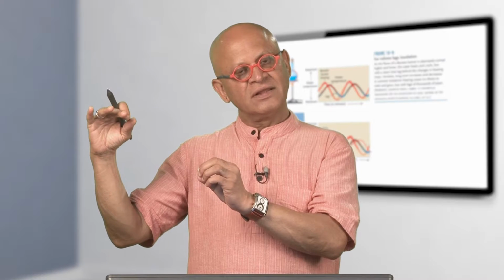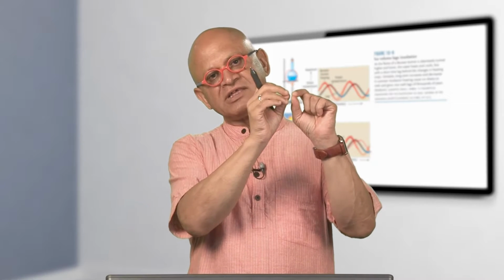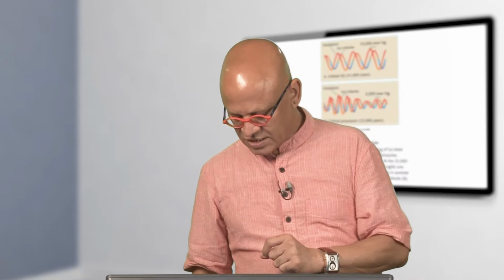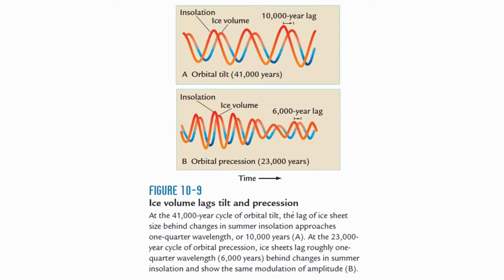Why do we say that? Remember that over the past 50 million years, we are in a cooling phase. Okay, so the glacier response depends not just on the forcing, but what is the background global temperature in which the glaciers are growing or melting. This gets a little bit complicated.